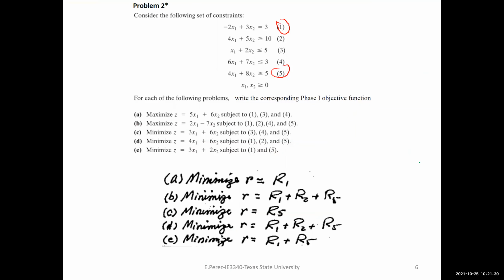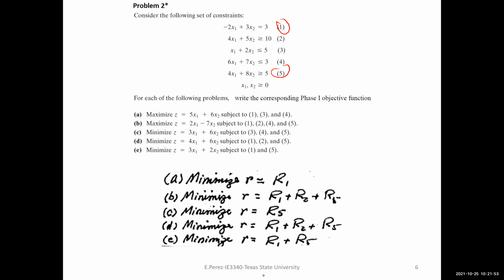Okay, so the next problem, this one was very simple. Basically, what I'm trying to check here is that you can formulate the right objective function for phase 1 when you apply the two-phase method. It will depend on the constraints that we are considering as part of the problem.